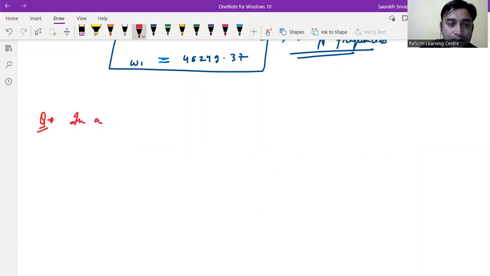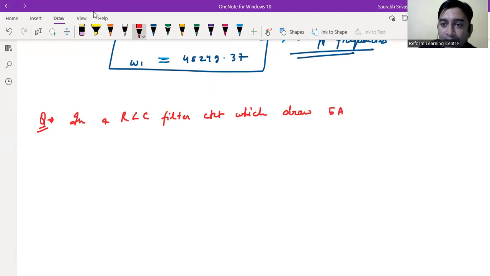In a RLC filter, which is nothing but a circuit, RLC filter circuit which draws 5 ampere at resonance and has power loss of 250 watt.